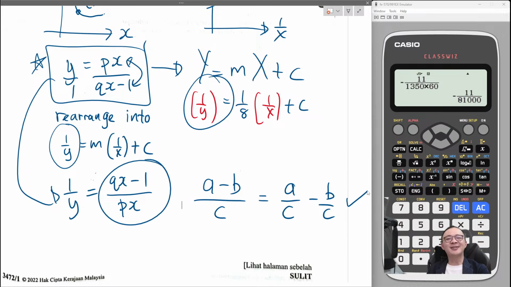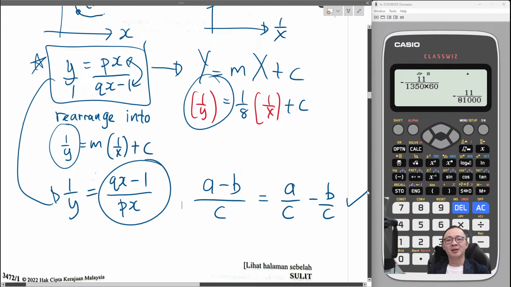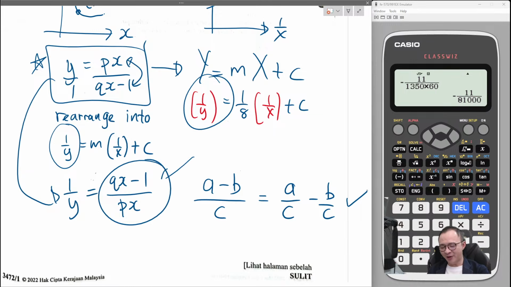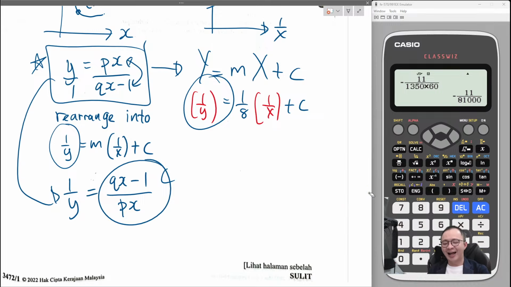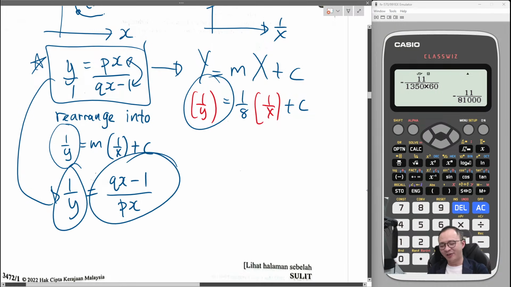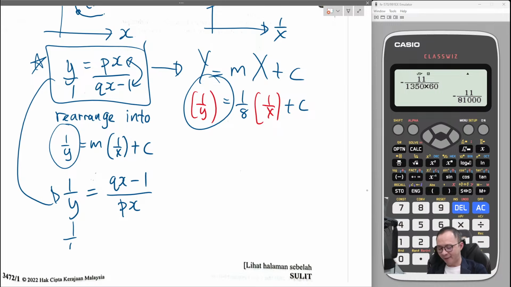Then you might ask, sir, why do you want to split? Because I haven't seen 1 over x. Where's the 1 over x here? Do you see 1 over x here? No, right? You haven't seen it. This is the reason why you need to separate them. Because I already see 1 over y, I'm super happy already. But I haven't seen 1 over x here, so I'm not happy enough. So I will need to split them.